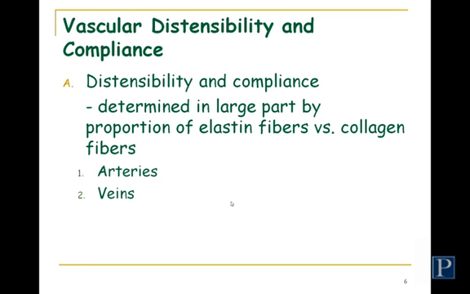So I want you to keep in mind a difference between elastin and collagen and even muscle. If you would compare elastin, collagen, and muscle, which one of them can you stretch out the easiest? The one that you can stretch out the easiest would be elastin. The more collagen that you have, the more muscle you have, it'll be harder to stretch.